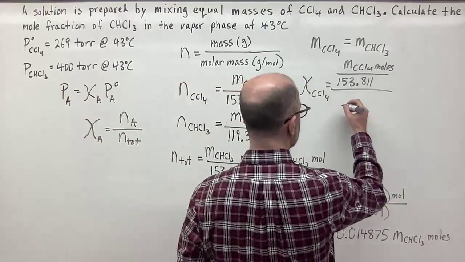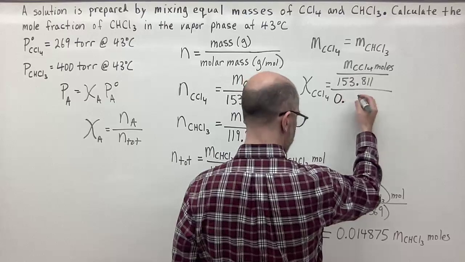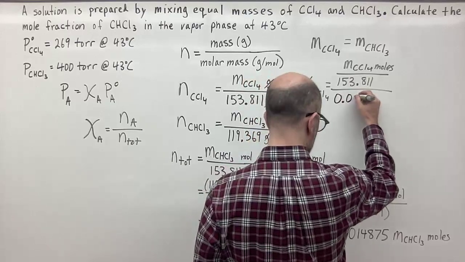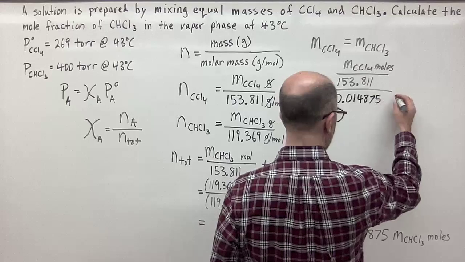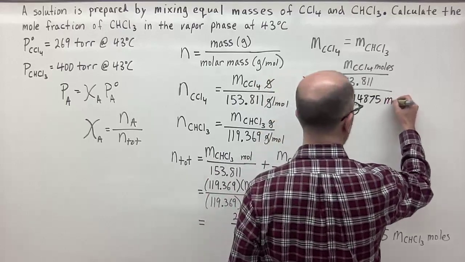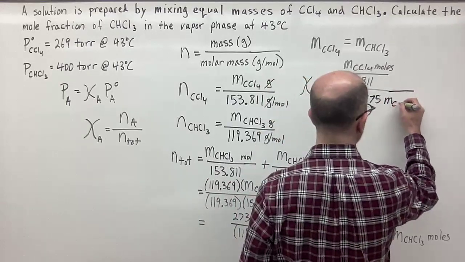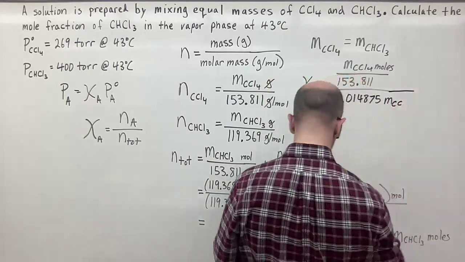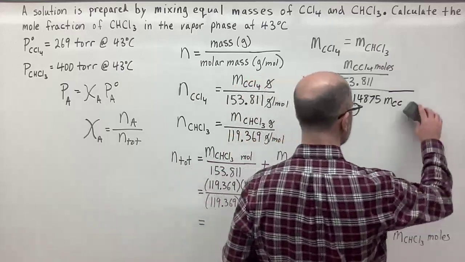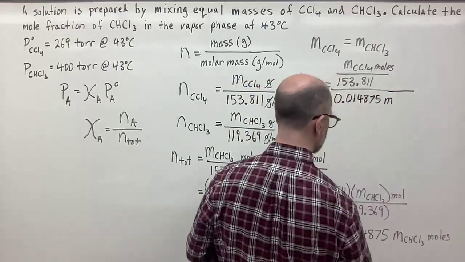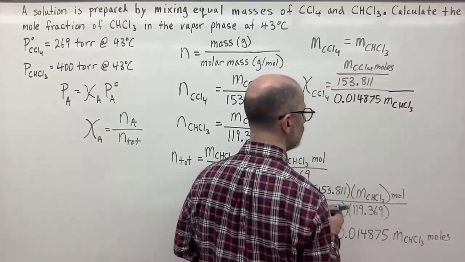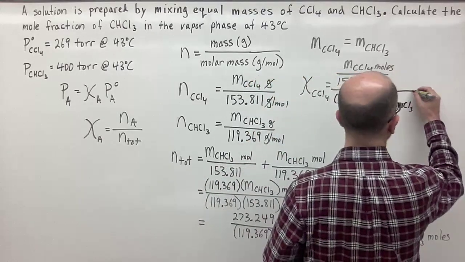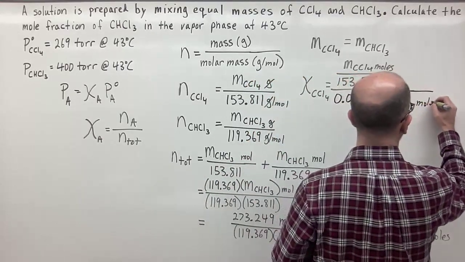So now I have this divided by 0.014875, and this is going to be multiplied by the mass of CHCl3, and this is moles.